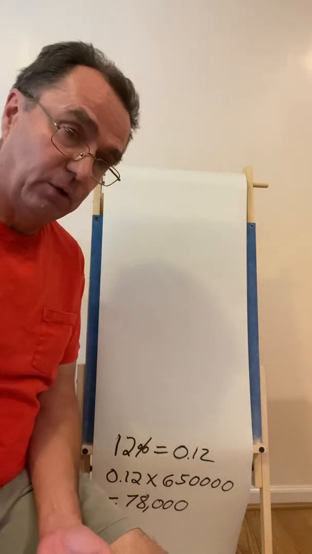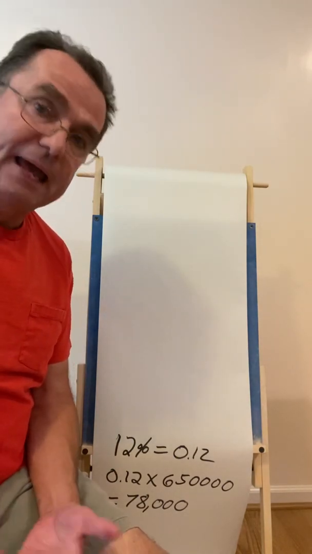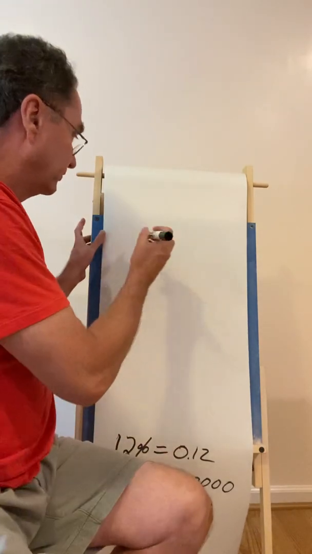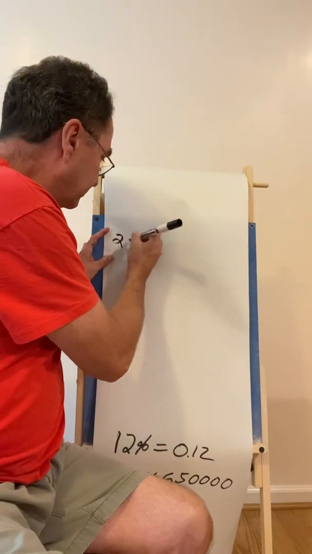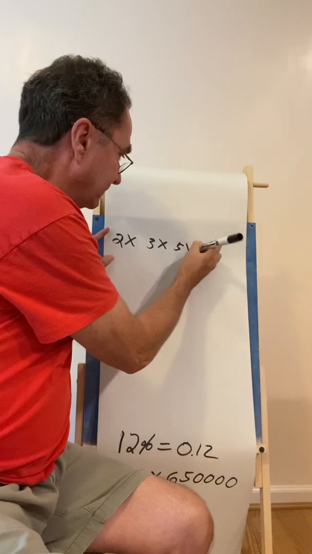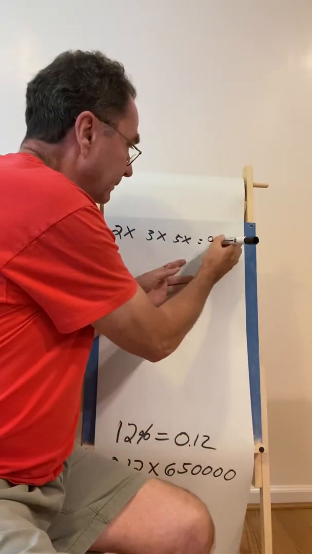So what we do, every time you see a problem like this with a ratio, simply put X's on the ratio. So 2 to 3 to 5 becomes 2X, 3X, and 5X. And the total is 900,000.